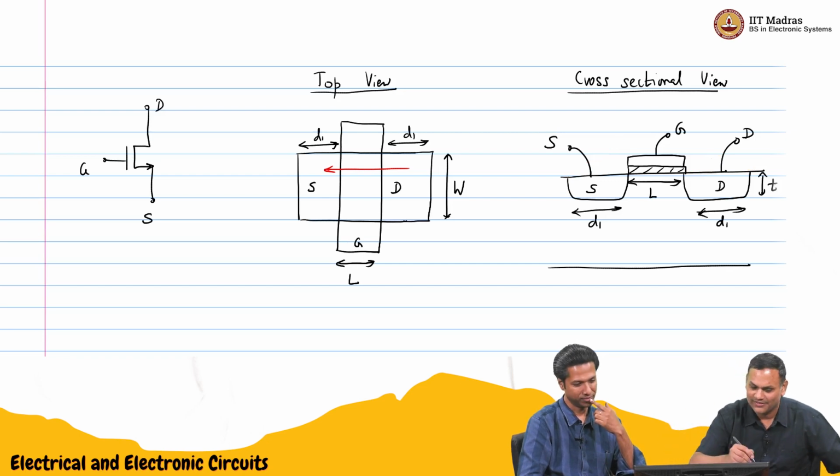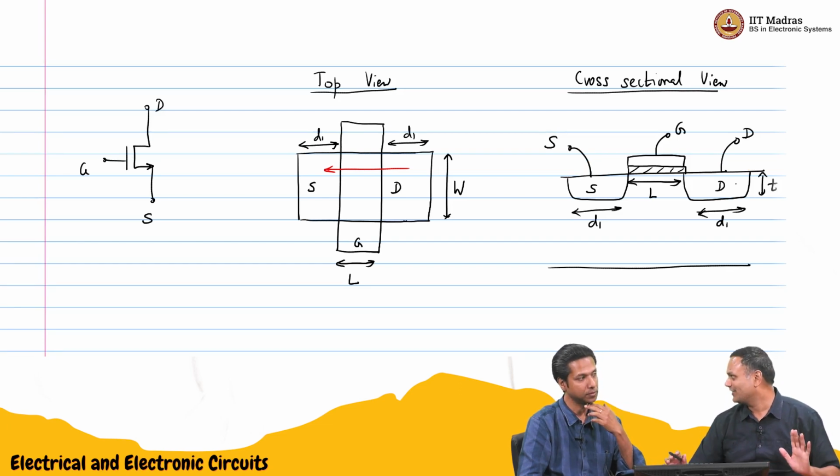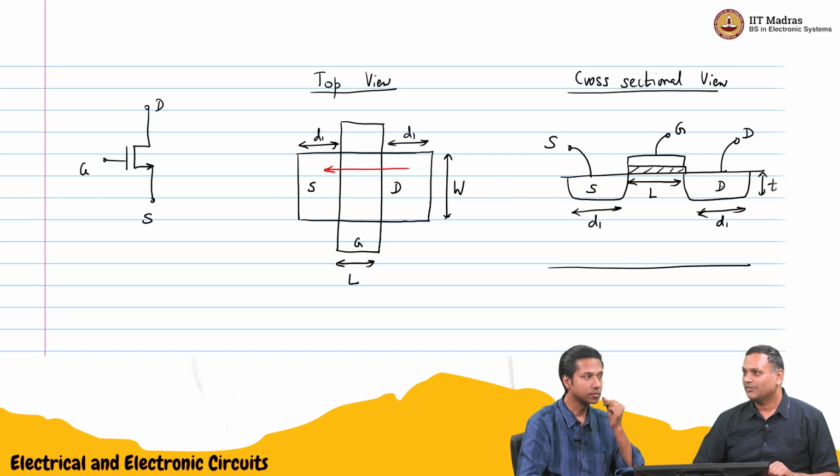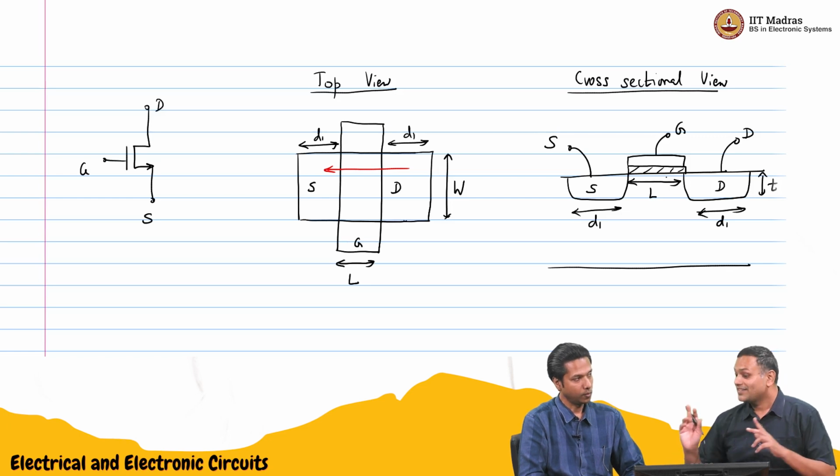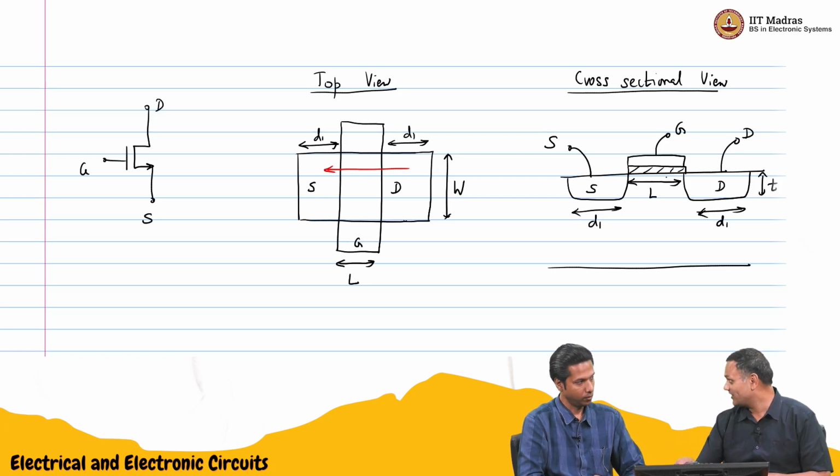The mu n will correspond to the mobility of the electrons in the source and drain regions and in the channel. Then what is Cox? Cox is the oxide capacitance, and that is important here.